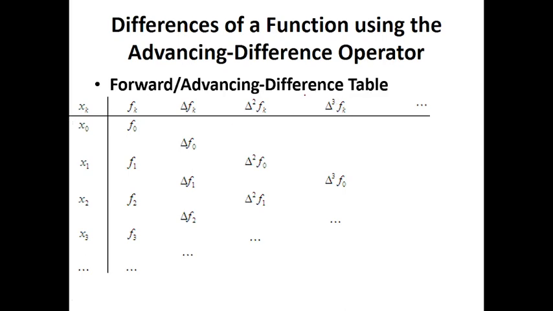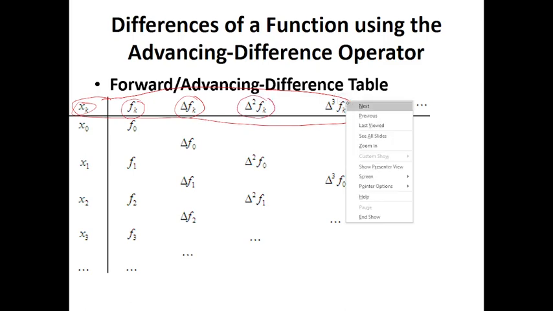For this table, the topmost row is to be considered. So we have x sub k, f of x, f sub k, delta f sub k, delta squared f sub k, delta cube f sub k.